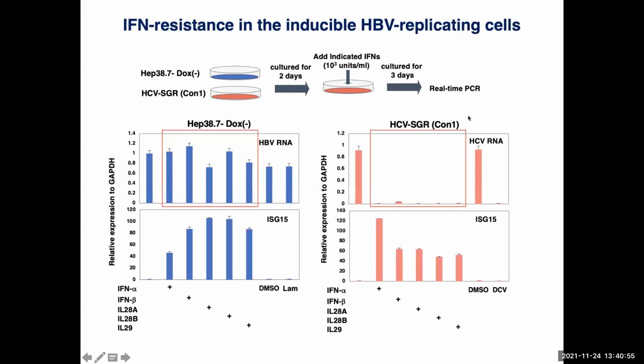In contrast, in the case of HCV, these interferons inhibited HCV replication in HCV subgenomic replicon cells. But as you can see here, in HBV replicating cells, type 1 and type 3 interferons have a much smaller effect on HBV replication.